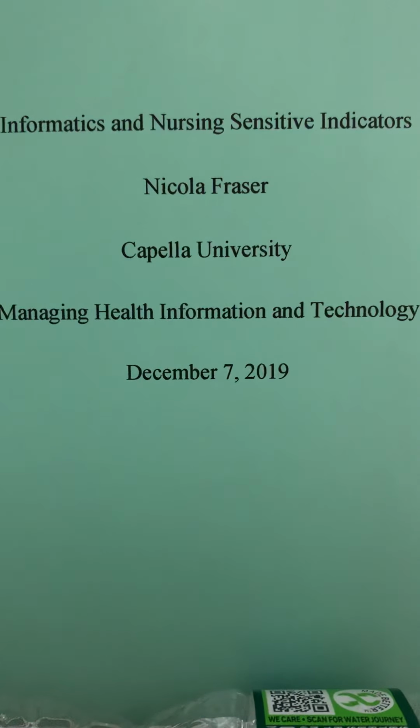A fall is defined as an unplanned descent to the floor with or without injury to the patient and occurs on an eligible reporting nursing unit. Gerard et al. 2016 indicated that falls are common adverse events experienced by patients in hospitals and continue to pose challenges to healthcare quality.